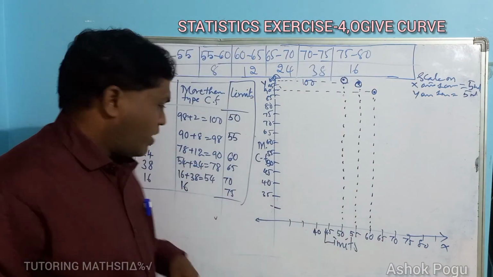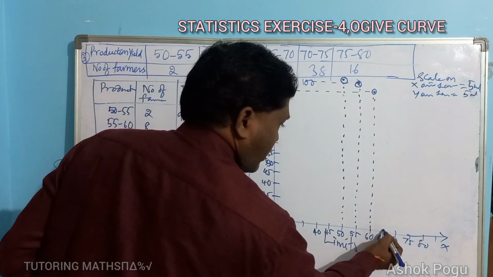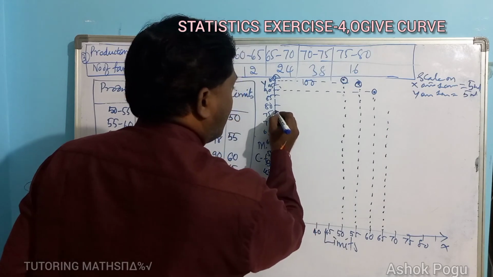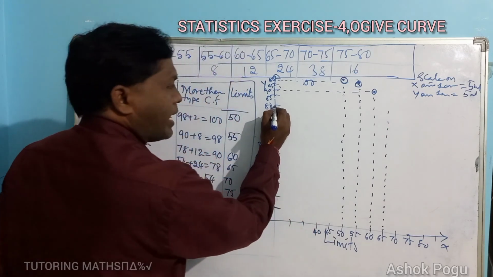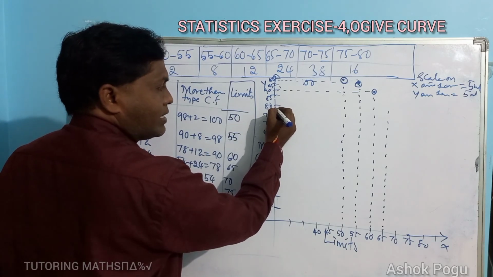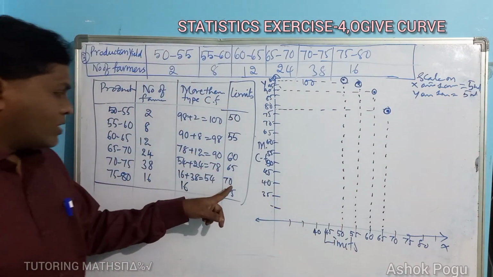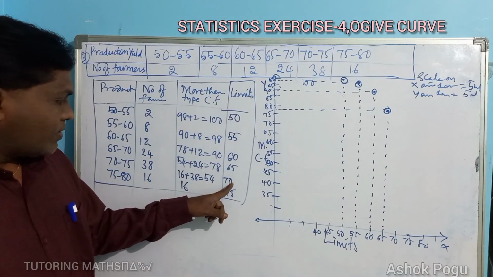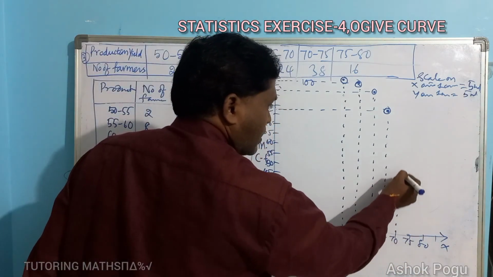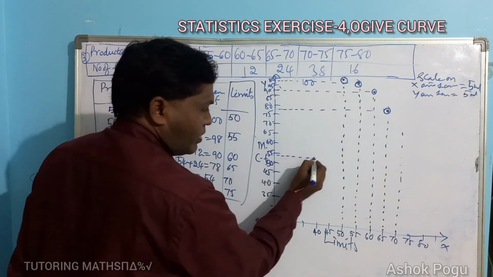And coming to 65, 65 gives 78. Below 80, 4 lines, below 2 lines, 79, 78. Yes. And coming to 70, 70 gives 54. Here it is 55, below 2 lines you can find 54.